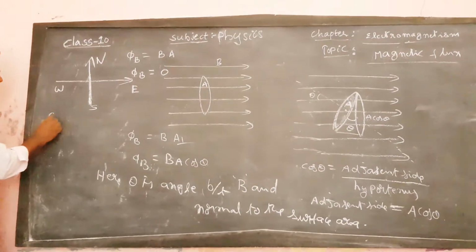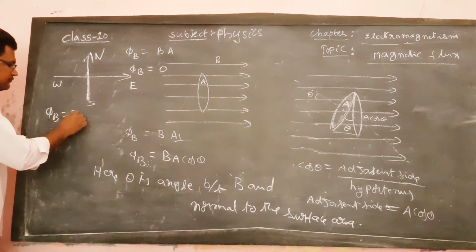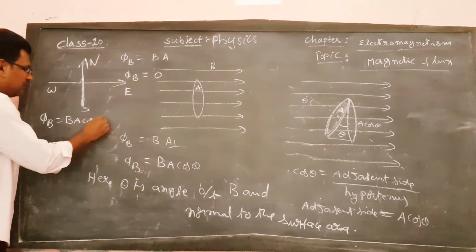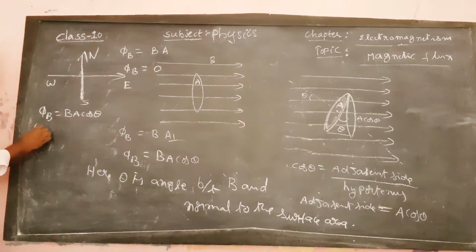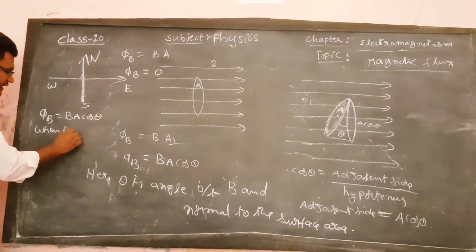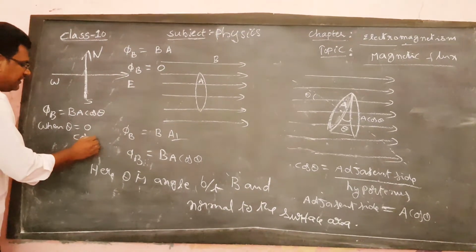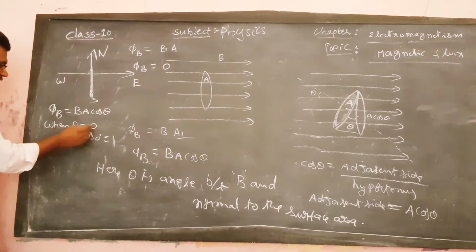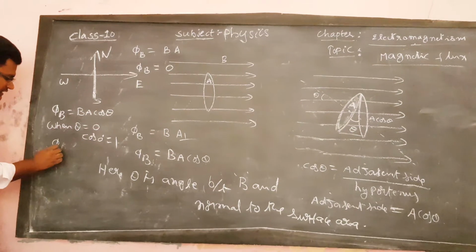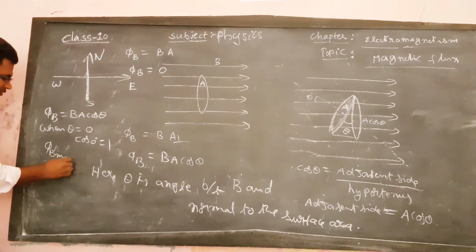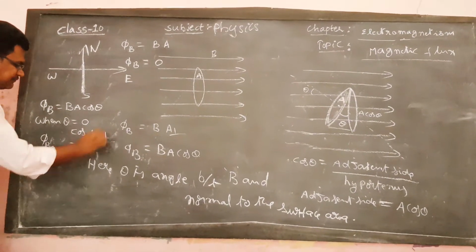Now magnetic flux phi B is equal to BA cos theta. When theta is equal to 0, cos 0 is 1, then the maximum magnetic flux phi B is equal to BA.